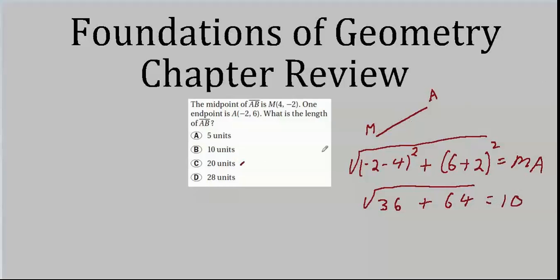When you're doing these multiple choice, it's nice when the answer you get is actually one of the choices. But don't read too much into it, because they will put common mistakes in here. For instance, notice 10 is in here. When you got all done, if you forgot that you were actually computing half of it, you might see the 10 here and go, well, okay, there's 10, we're done.